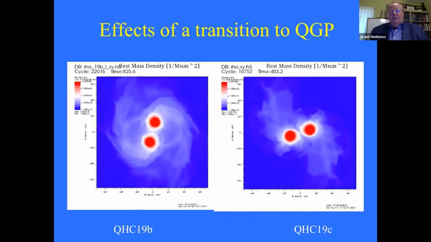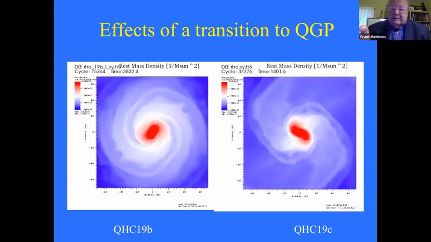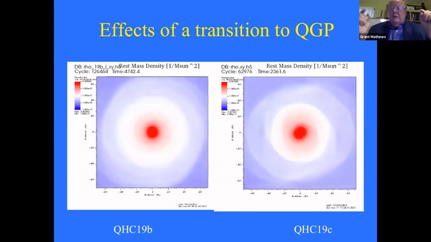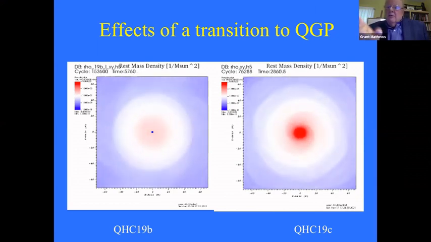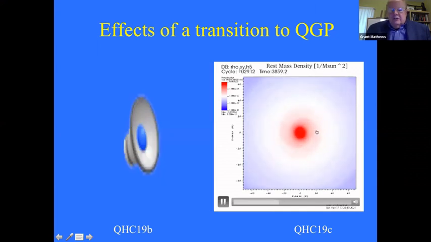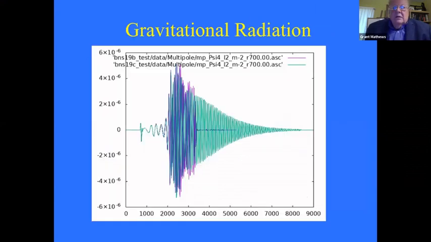They're both merging at nearly identically the same time. They both are on their way down to the black hole, but the quark hadron phase that has the higher pressure actually endures for a much longer time and has a much more striking ringdown signal. That's what we show here.